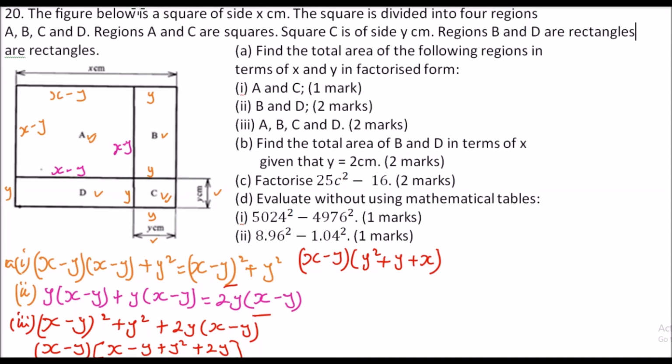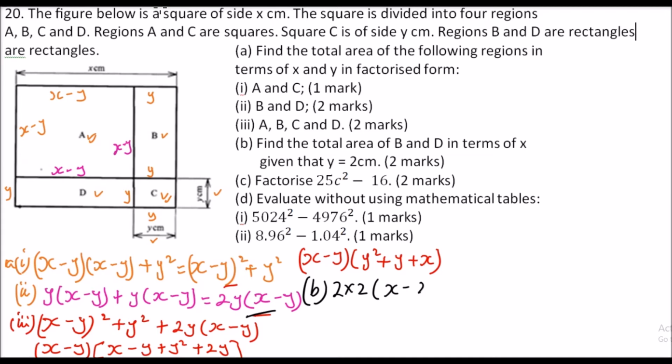At B, we are told to find the total area of B and D in terms of x, given that y is equal to 2. We have been given that area here. So we just replace y with 2. So this is 2 times 2 into bracket x minus 2.